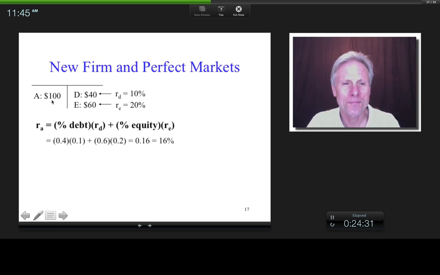So let me ask you this. Let's say that this is the exact same firm, and we've already gone through this process, and the debt holders said, all right, 10%, and equity holders said 20%, and so therefore the discount rate for this asset was 16%.